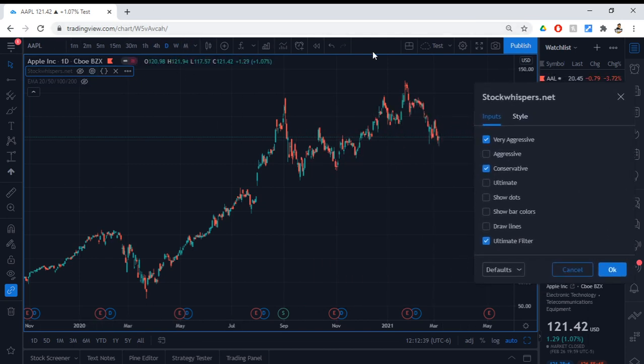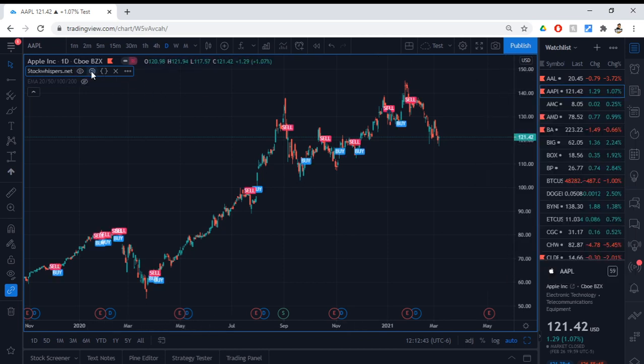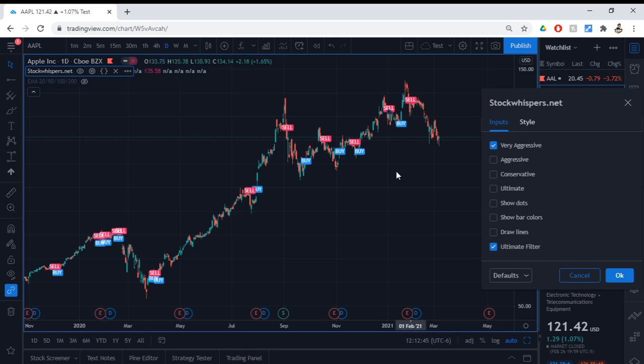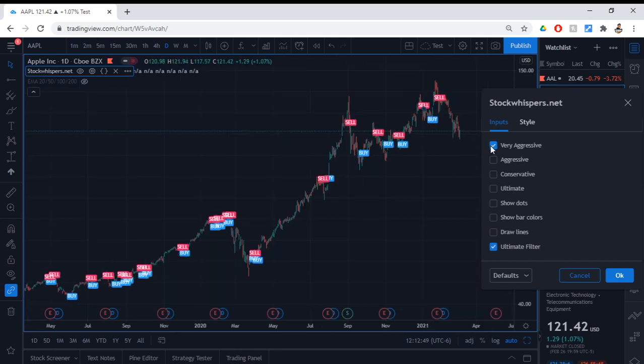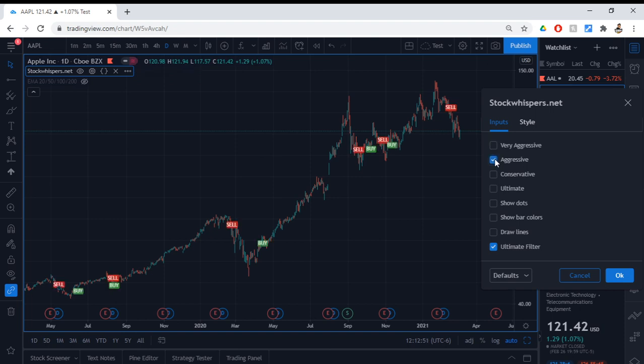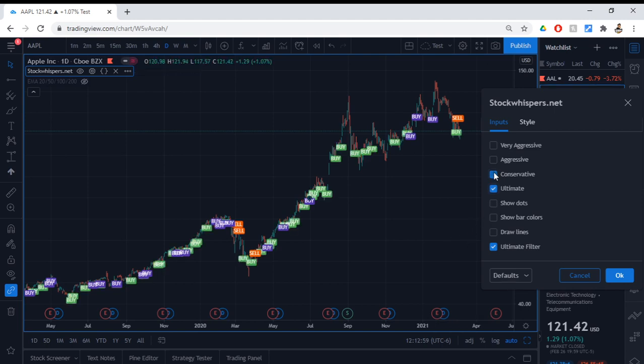So let's say the daily, and then you have to go to each strategy and just flick through them and see which one gives you a better reading on the chart.